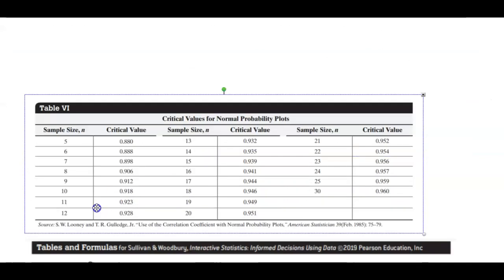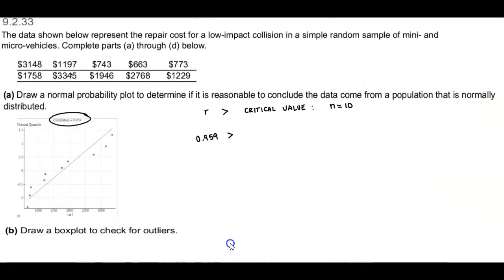So coming down here, when n is equal to 10, what is our critical value? The critical value for the normal probability plot is 0.918. So we get 0.918. So therefore, that is true.